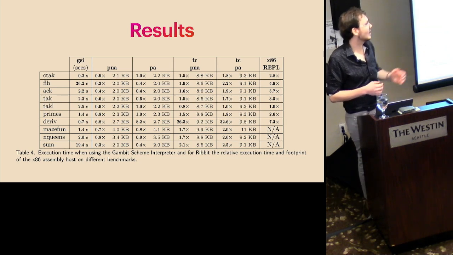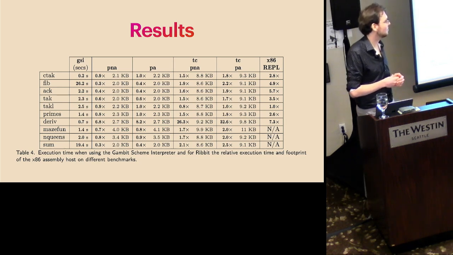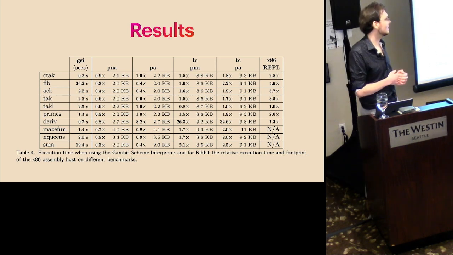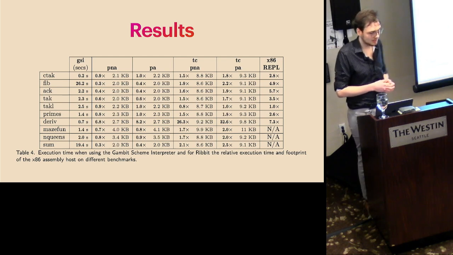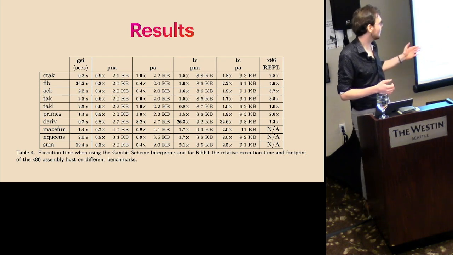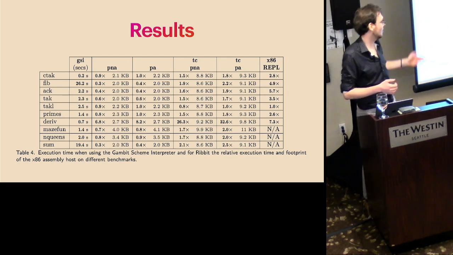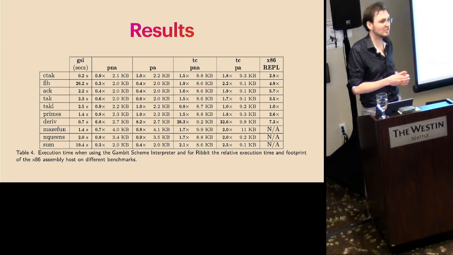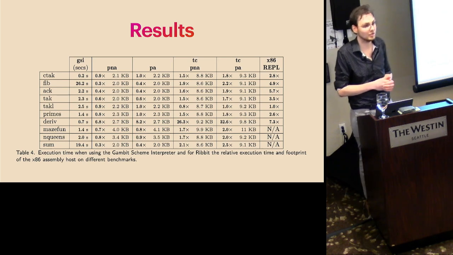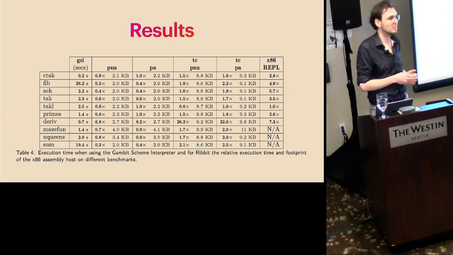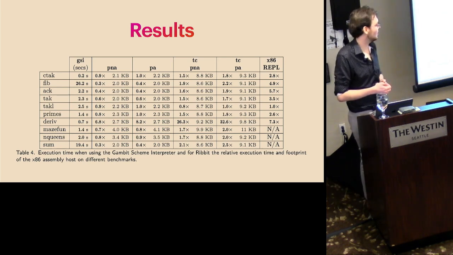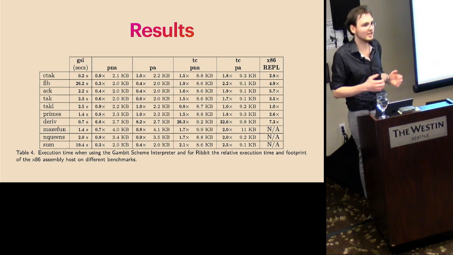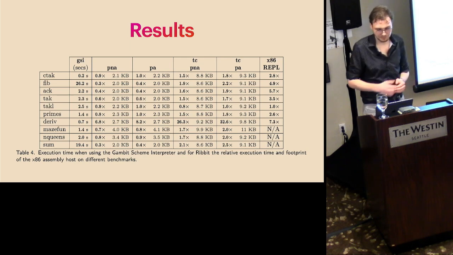If we add type checking, it's a bit slower, but not by much. The only thing that is really slower is the deriv benchmark, and this is because it uses a lot of higher order functions with apply, for example. We still have to look into why it's a bit slower, but we have a good idea of how to fix it.